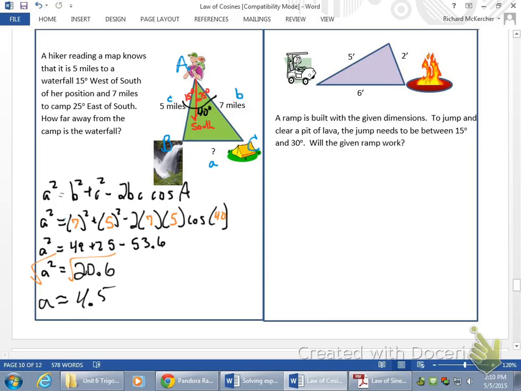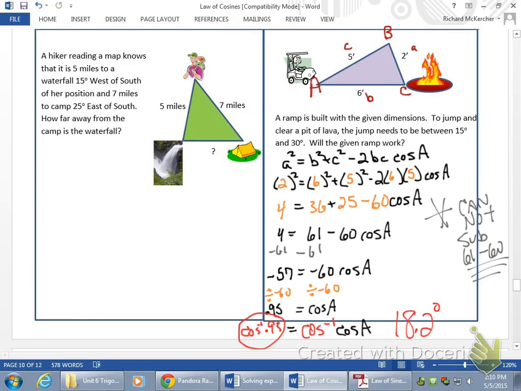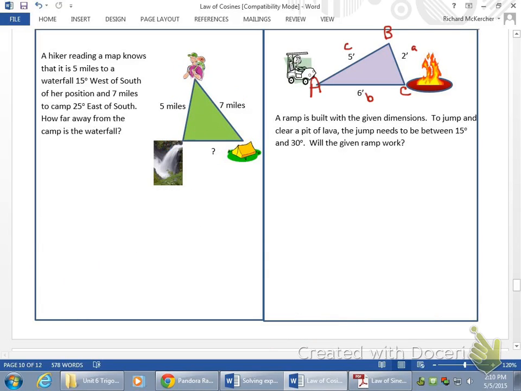Now, this next example is going to be our hardest example with the law of cosines. What I was going to point out on the other two triangles is what they gave me was side, angle, side.